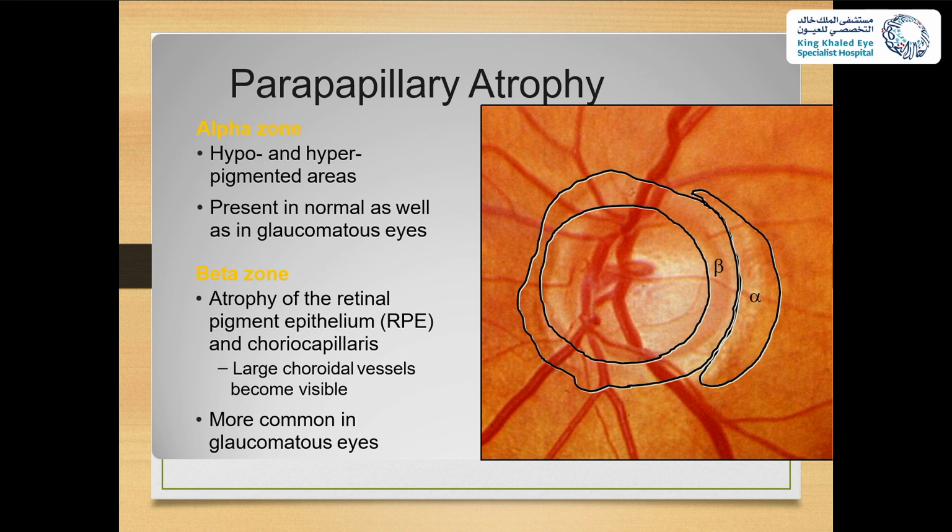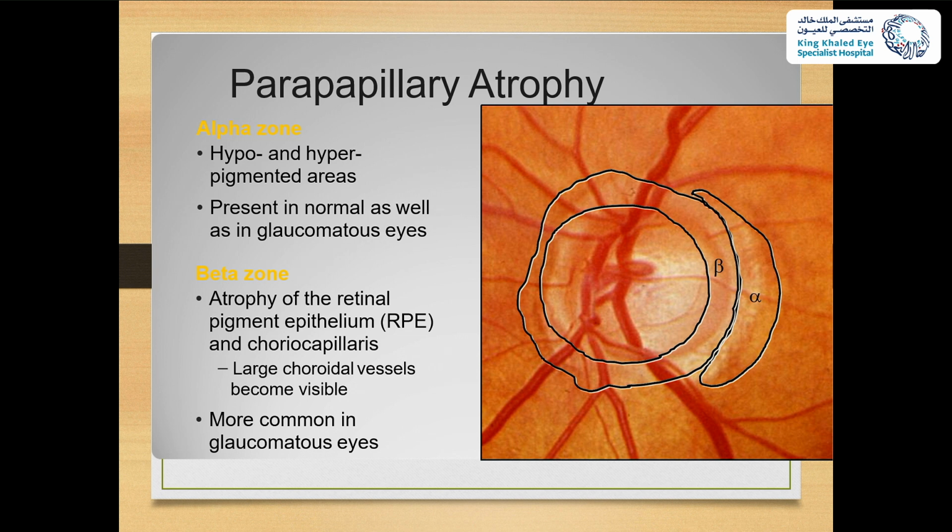Another finding you can search for is parapapillary atrophy. We have the alpha zone and beta zone. The alpha zone is a hypo and hyperpigmentation area, present in normal as well as in glaucomatous eyes, but it's not diagnostic for glaucoma because it can happen in a normal person. The beta zone is an atrophy of the retinal pigment epithelium, or in other words, a regression of the retinal pigment epithelium layer, and choroidal capillaries can be seen.